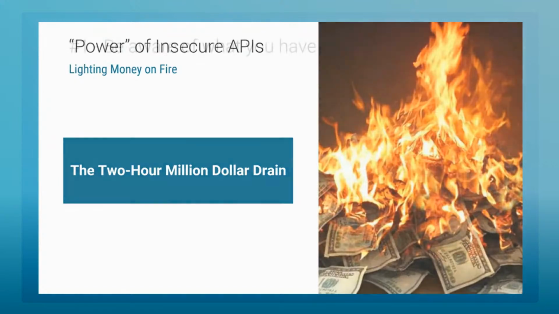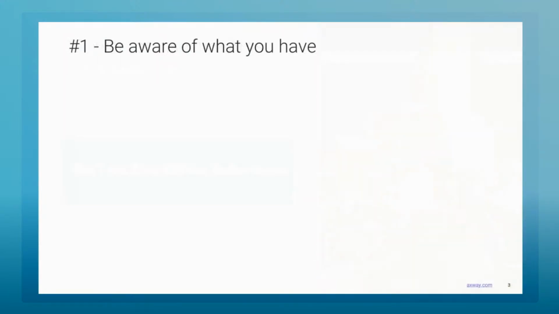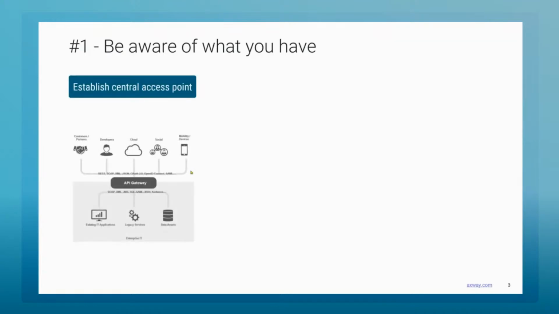And we'll start with recommendation number one: be aware of what you have. As you probably understand, you can protect only what you know. The first point here is you need to establish a central access point for all of your APIs. API gateways are the purpose-built solutions for that, to configure and manage API security, lifecycle, monitoring, and troubleshooting.